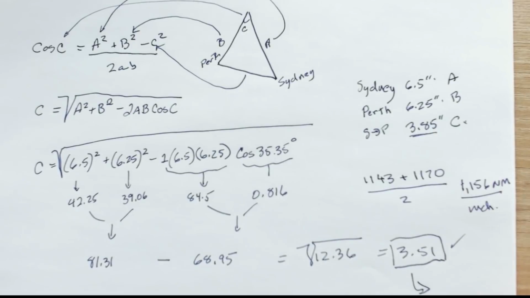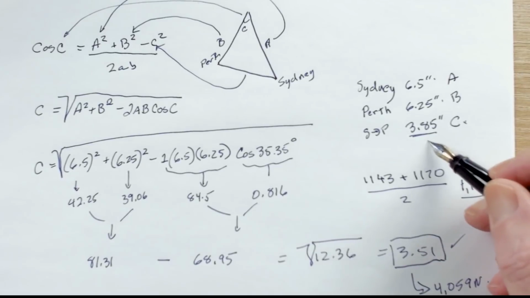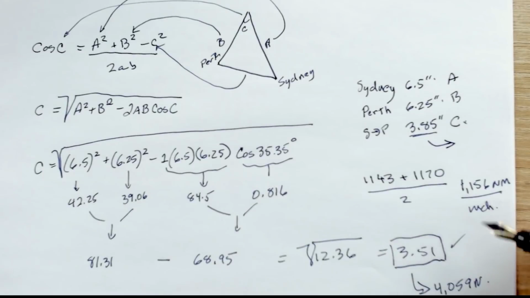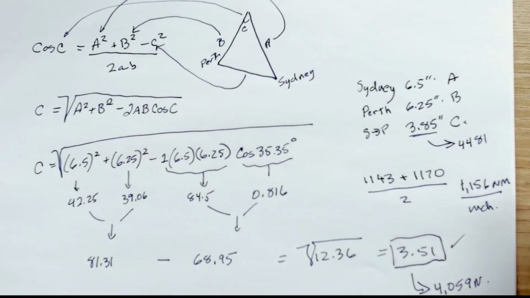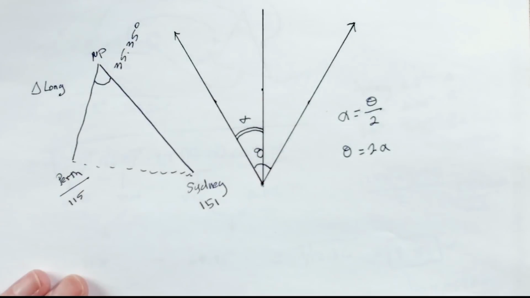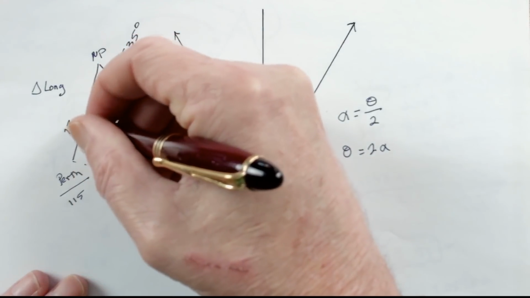Based on this number, the distance between Sydney and Perth is 4,059 nautical miles. And based on this number, the distance between Sydney and Perth is 4,481 nautical miles.